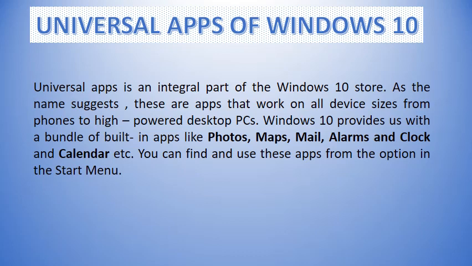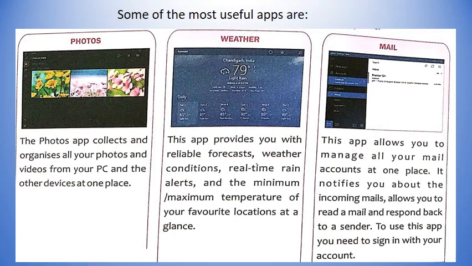Windows 10 provides us with a bundle of built-in apps like Photos, Maps, Mail, Alarms and Clock and Calendar, etc. You can find and use these apps from the option in the Start menu. Some of the most useful apps are Photos, Weather, Mail.